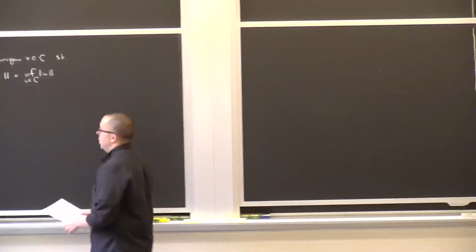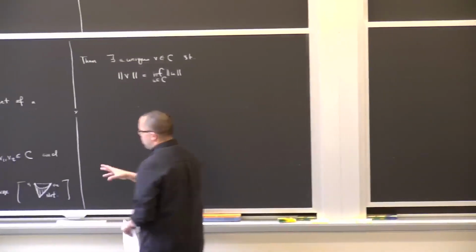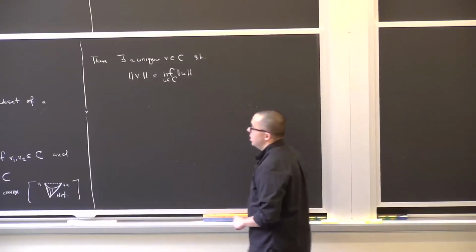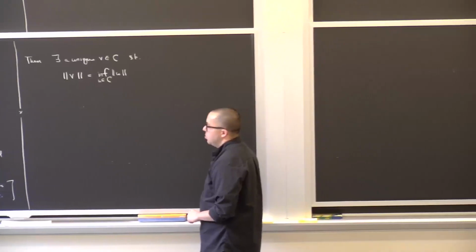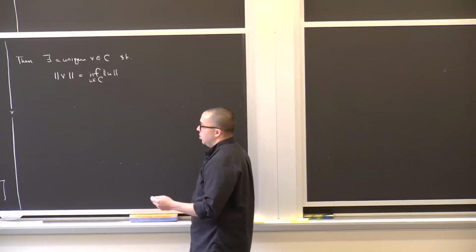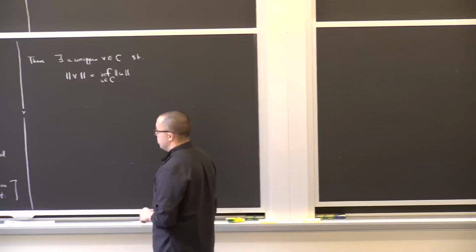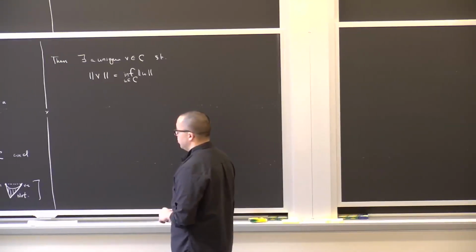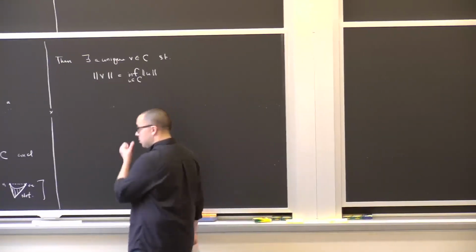But that's not necessarily the only kind we'll come across. Okay, so if we have a closed, convex, non-empty subset of a Hilbert space, then there exists a unique minimizer in this subset.